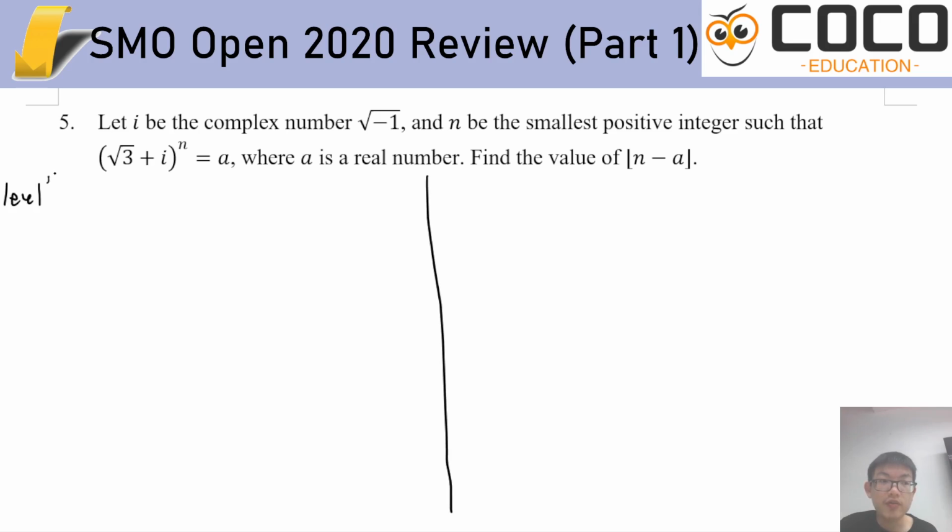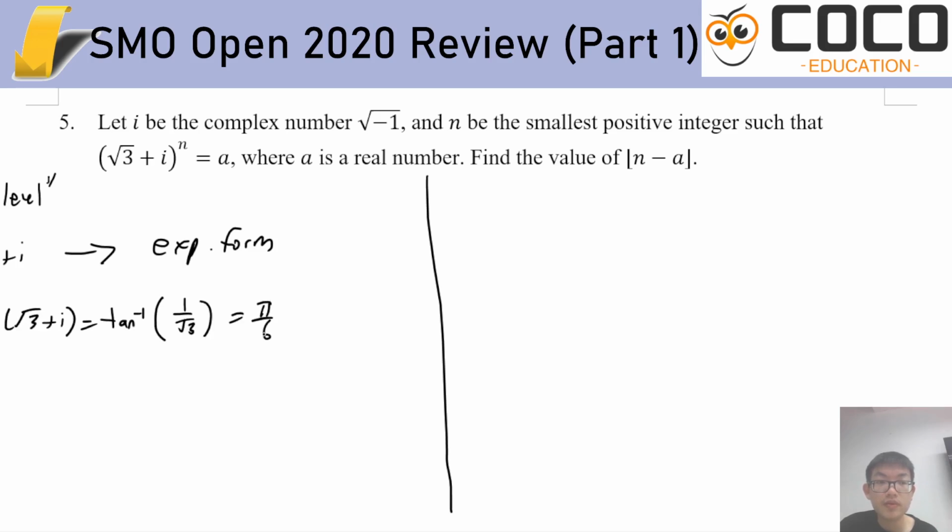Now, the A-level approach would be to convert root 3 plus i into exponential form. If you convert it to exponential form, the most important part is the argument. Of course, we can also get the modulus of this.